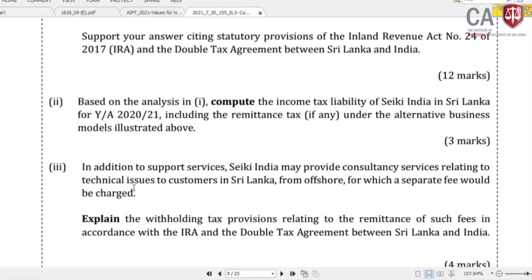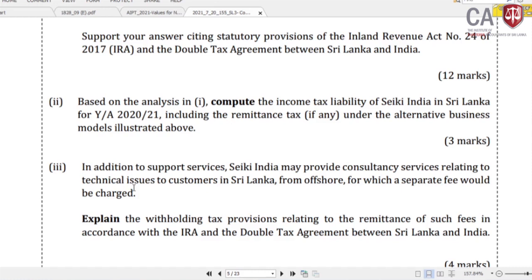In addition to support services, Seiki India may provide consultancy services relevant to technical services to customers in Sri Lanka. They are providing consultancy services on technical support, not anything covered under these 2 models. This is a separate one.